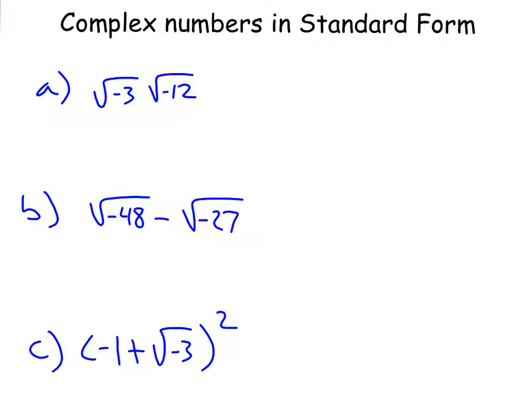That's the whole reason they come up: we can be stuck if we're solving some polynomials, especially finding some zeros. We could get the square root of a negative. All right, so what we have to do is figure out how to handle this, because in all those other problems we just did, the i's were already there, and when you come across this with a polynomial, that's not going to be the case.